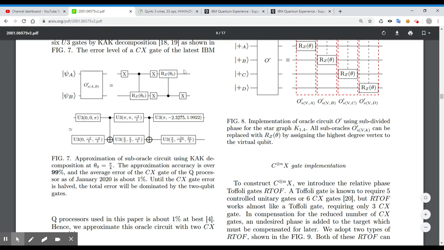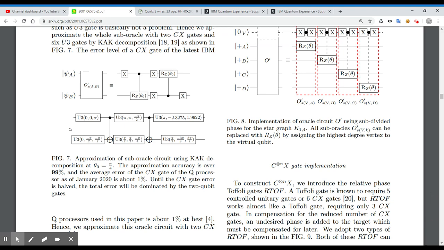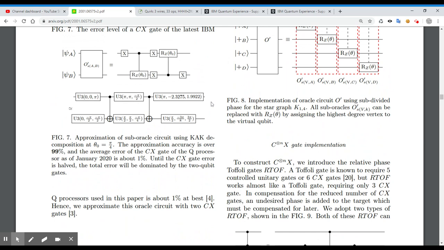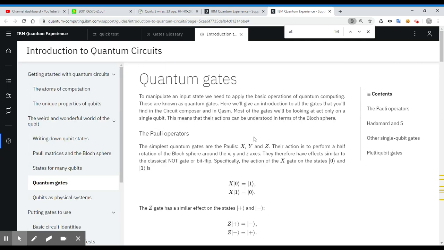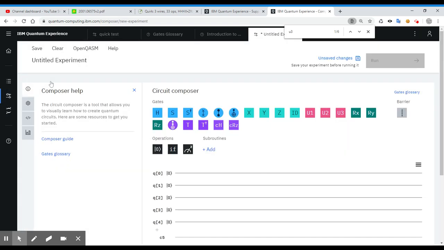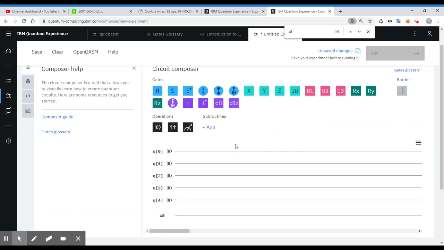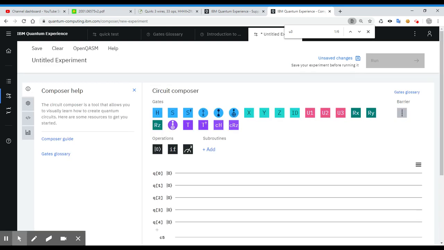No, this cannot approximate a NOT gate. You know what? I'll just get into the composer quickly and see if I can play with the U3 gate.